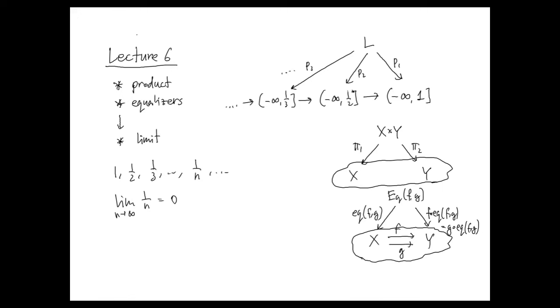Okay, so back to the category of sets where we're now looking for a set L that will have functions P1, P2, P3, and so on to all of these sets that are described below. And it will have the property that, first of all, these triangles that are formed commute.